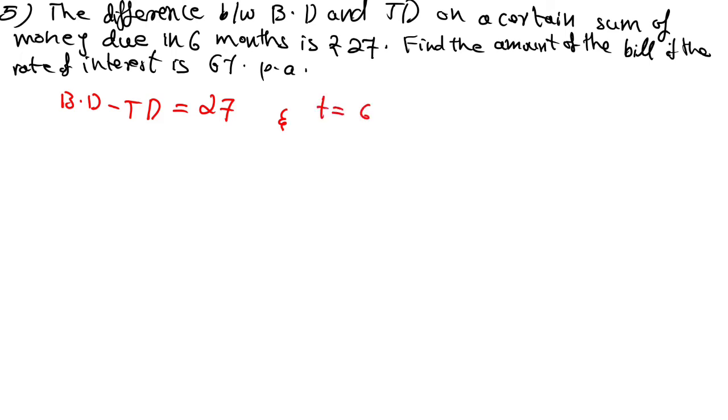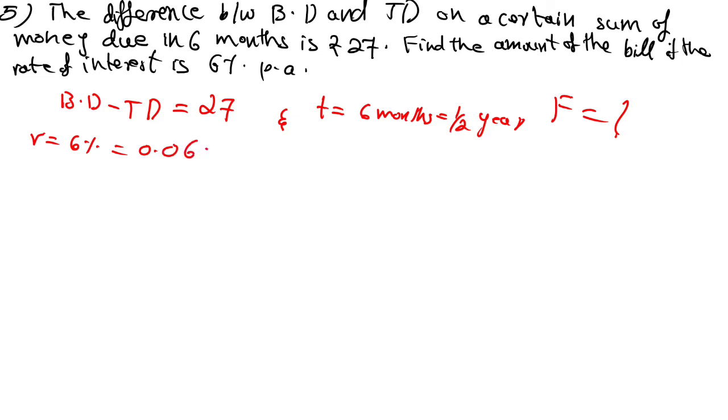T is equal to 6 months, equal to half year. Find the amount of the bill: face value equal to question mark, rate of interest 6%, r equal to 0.06.